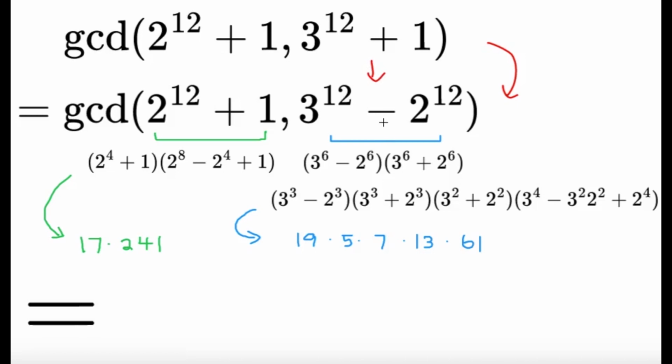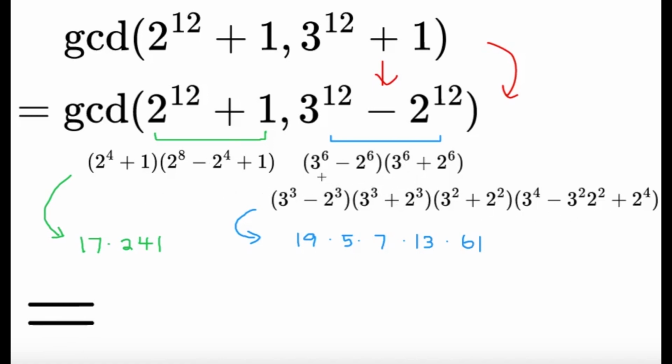Now the reason why I wanted to do that is because, well, I can directly factor these two, but I figured that this form, 3 raised to 12 minus 2 raised to 12, is easily factorable. As you can see, there's a lot of cubes and squares that you can factor using just the difference of cubes, difference of squares trick. So I've done the work here, and this is the result.